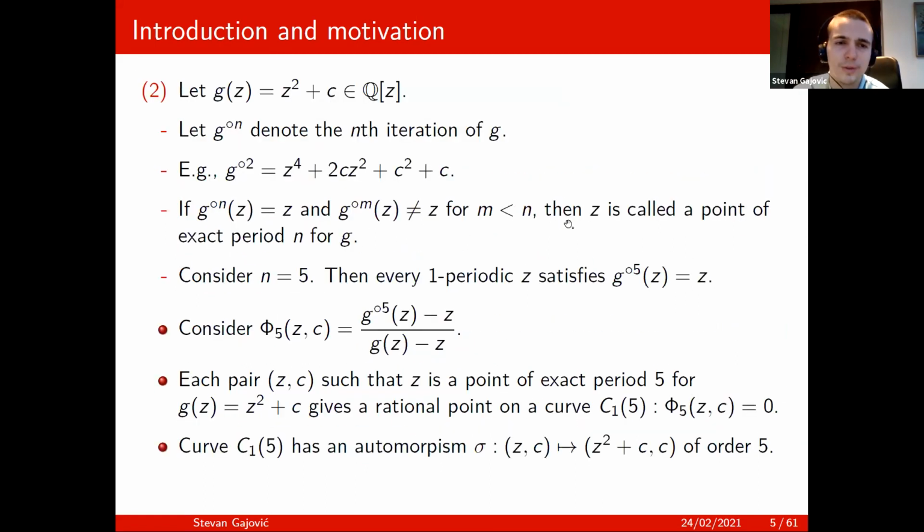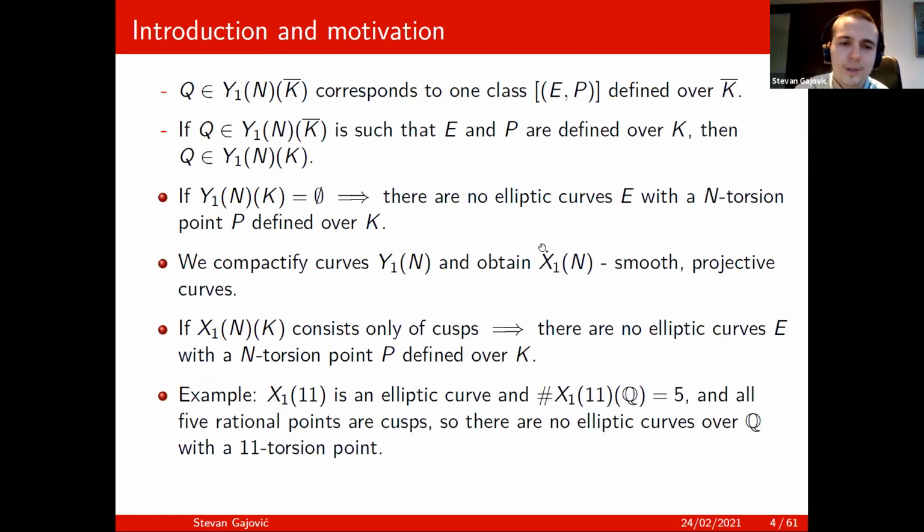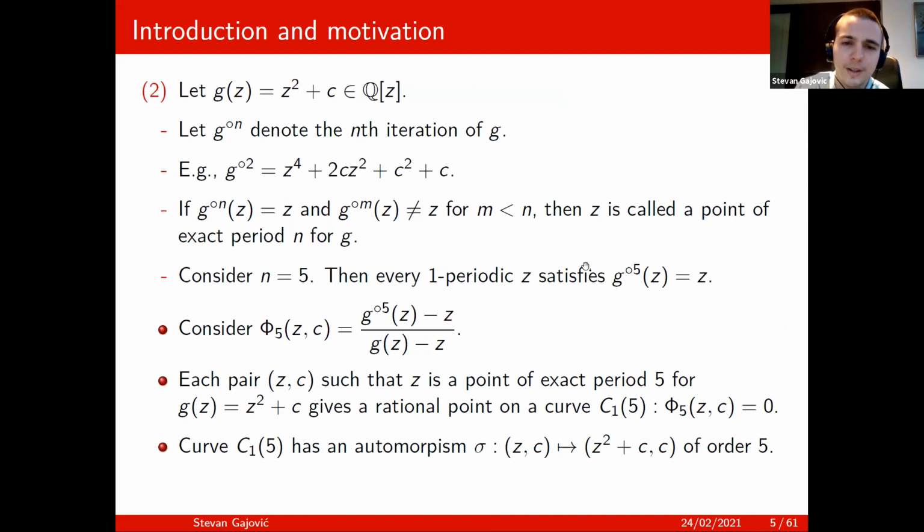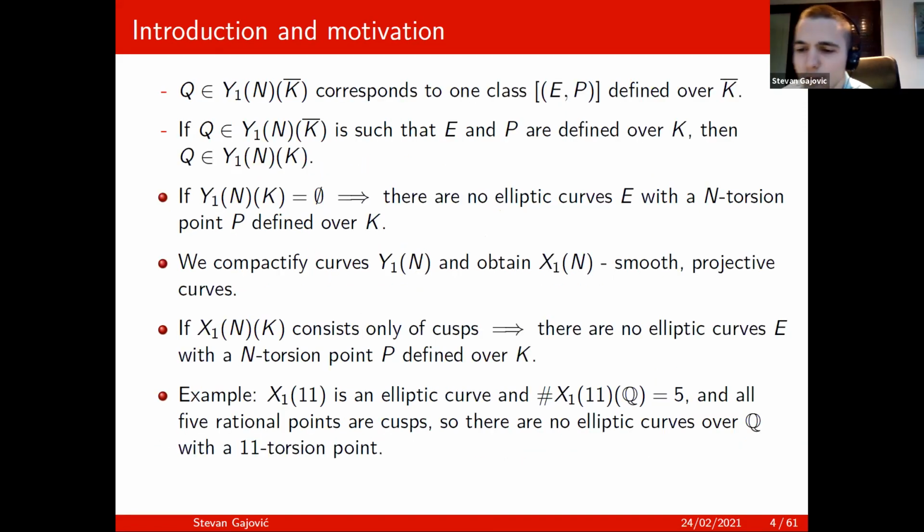We will not discuss Mazur's theorem, but some extensions of it later. But maybe, in fact, this is very interesting. Let us consider all possible values of this number n, of this order. So we can find all such n that there exists an elliptic curve over Q with rational points of this order. Say for 11, there is no such curve.